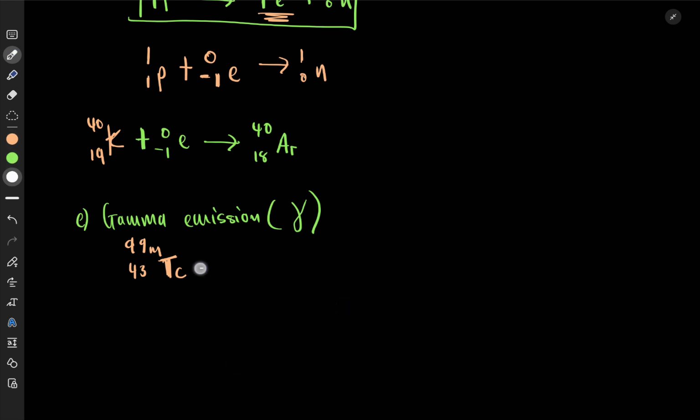We would have it form 99, 43 again. It is still Tc, technetium, but now this M, for the excited state, is gone, and then we have 0, 0, gamma. This is for gamma radiation.